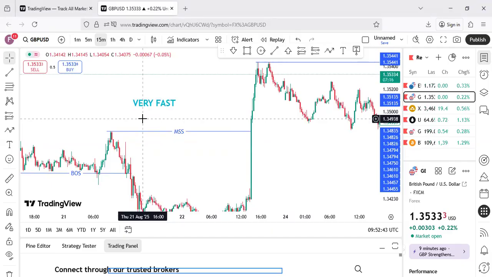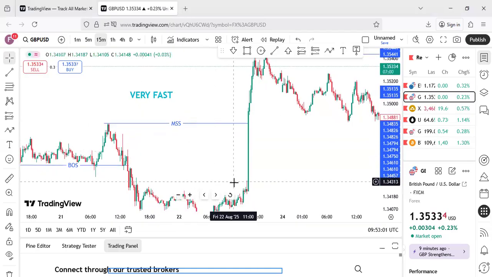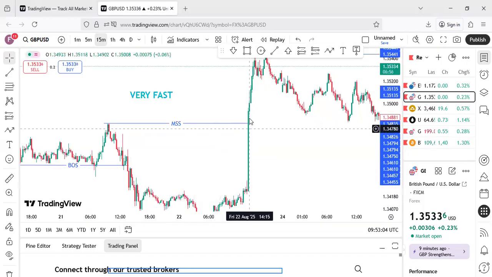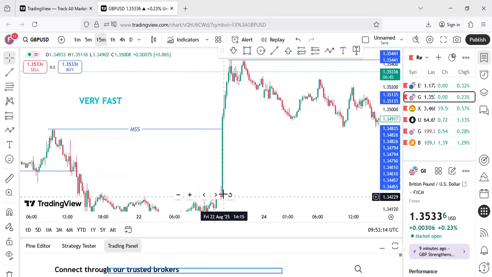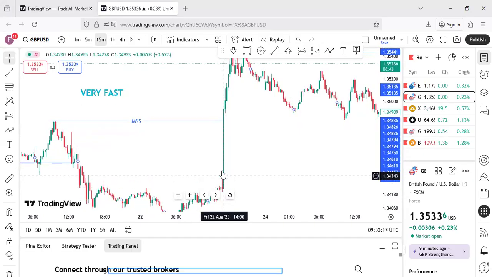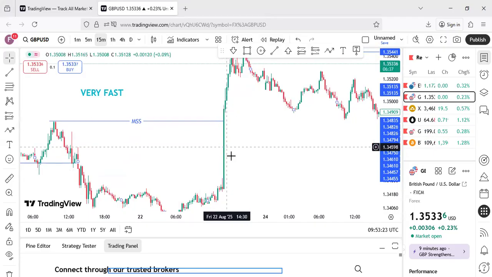Number one, the formation: a liquidity void is created by a fast impulsive move, made by one or more big candles. Only one single candle can create that impulsive move.